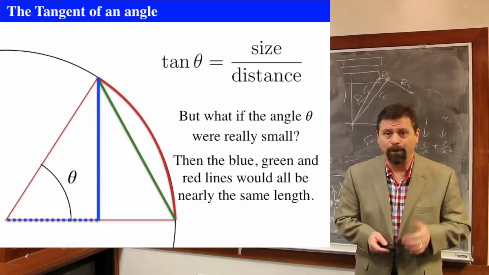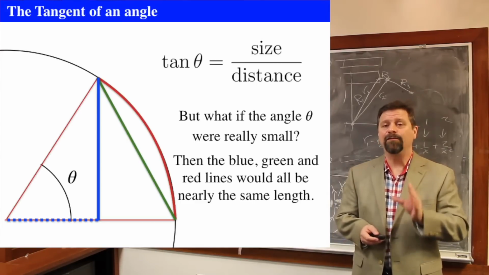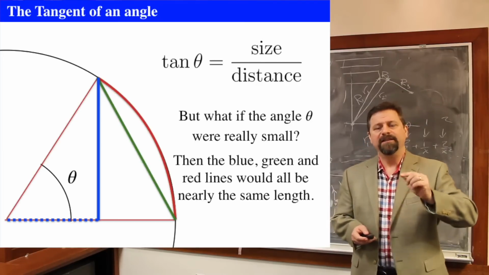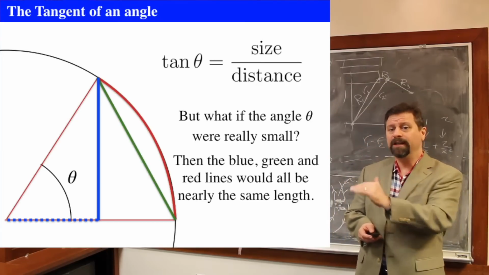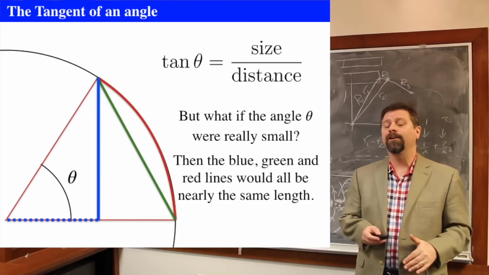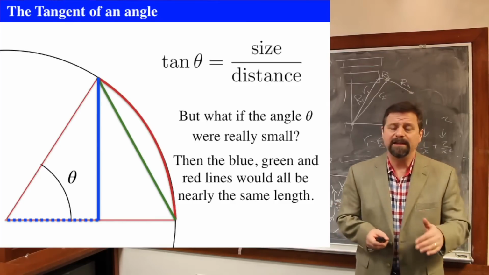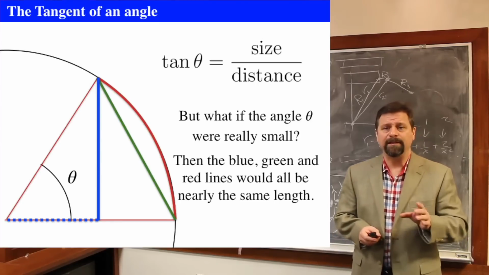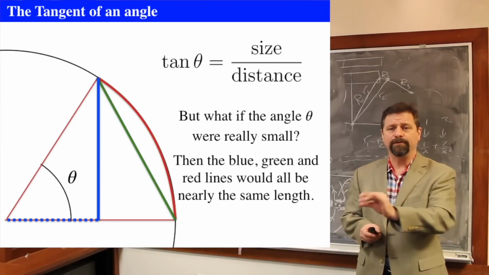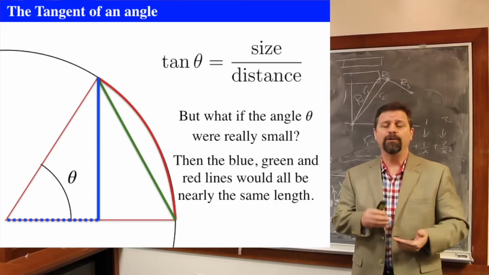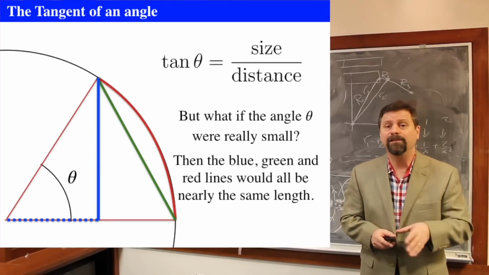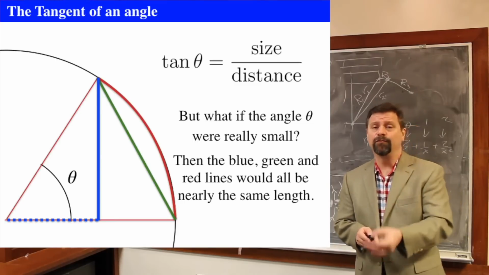Now, what happens if we let the angle theta get really, really small? Well, the dashed line gets really close to being the entire radius. The hypotenuse is always the same. The apparent height looks smaller and smaller, and the blue line going from the bottom radius up to the other one gets really close in size to the green line.